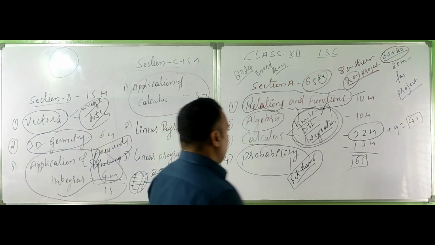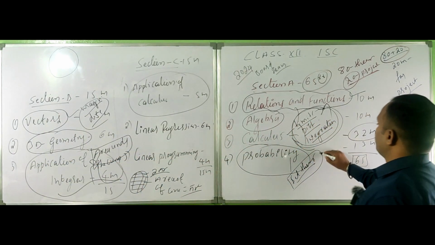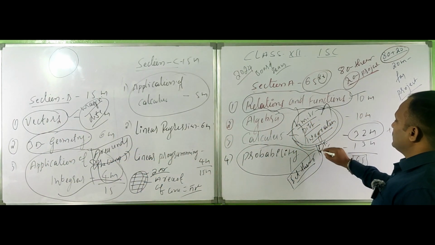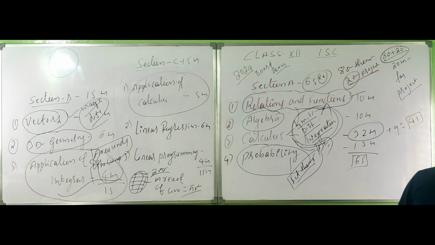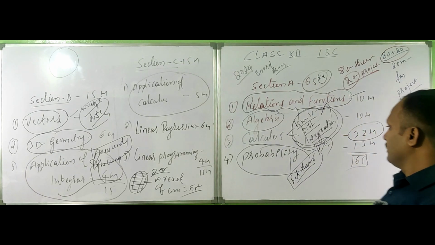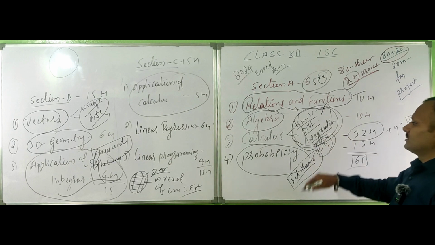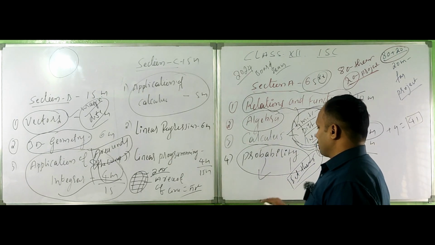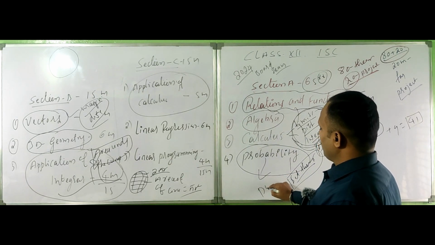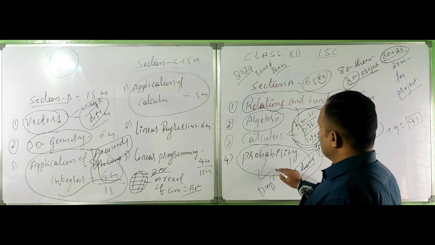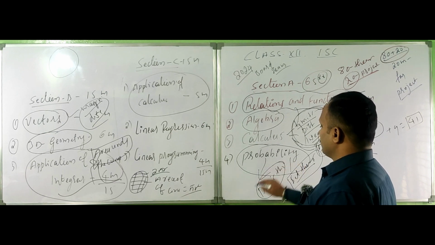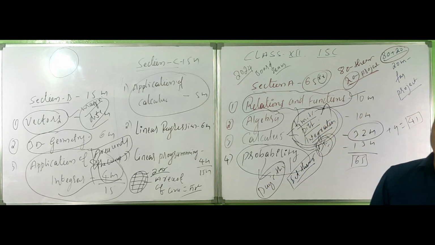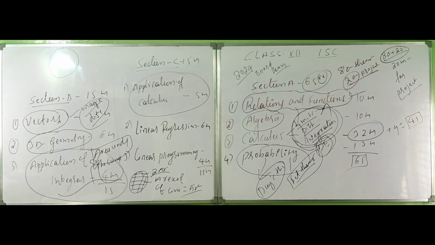One is very important and easy, but we need to know the basics of differentiation and integration. Then you can solve the differential equation questions. On the side of probability, they give the Bayes theorem, which is the very fundamentals, and conditional probability. They give us that concept also. So this is the basic introduction.